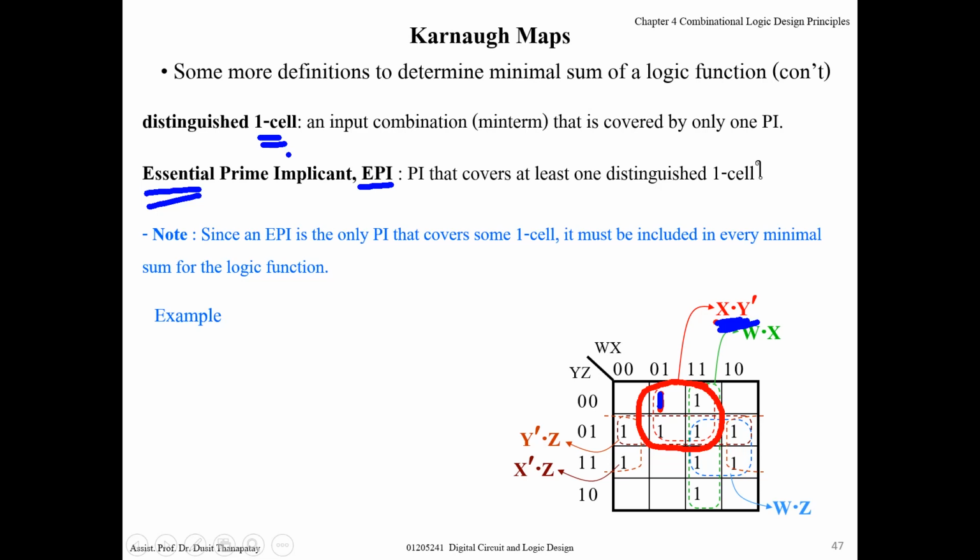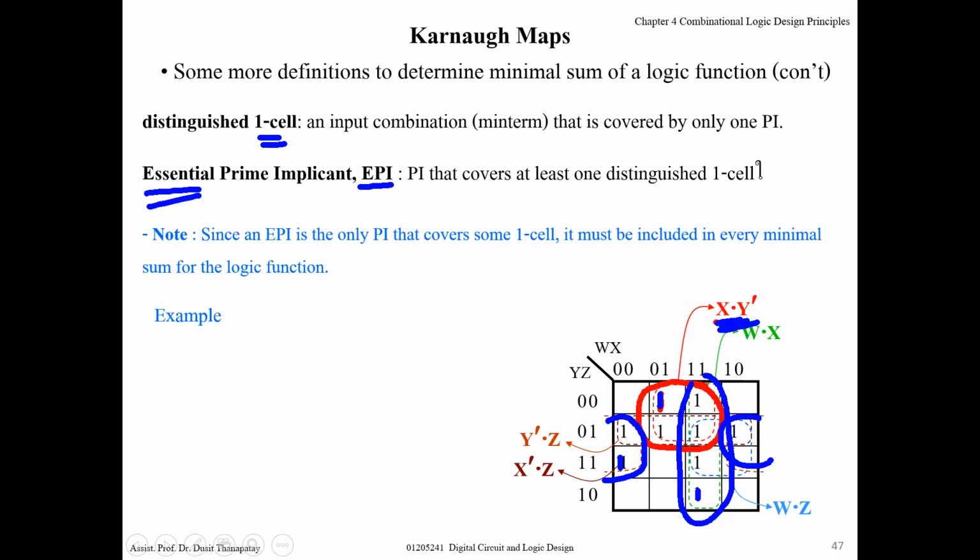Another distinguished one cell is this one, and this one. That means you must select this essential prime implicant to complete the function.